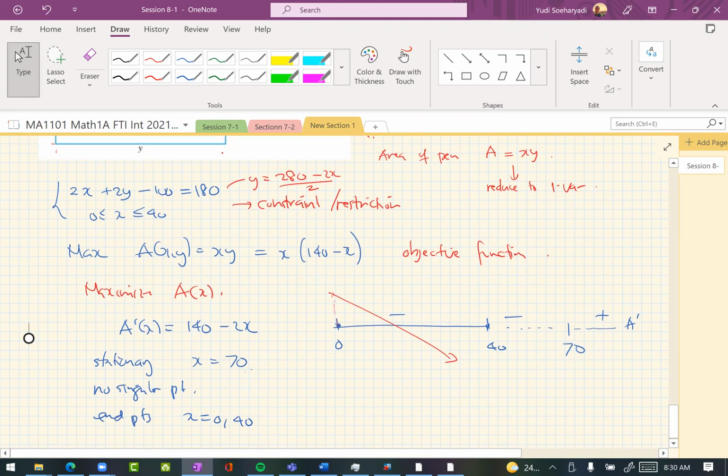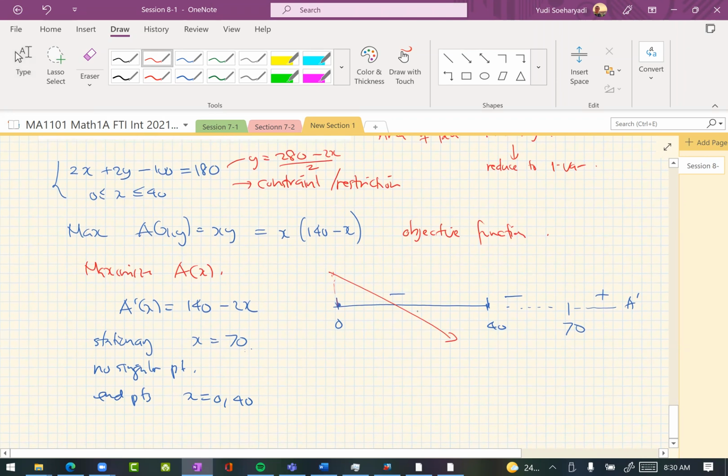Okay, okay. Let's see. This cannot be true. This is incorrect. Wrong sign. So the sign for this would be, oh, that's easy.